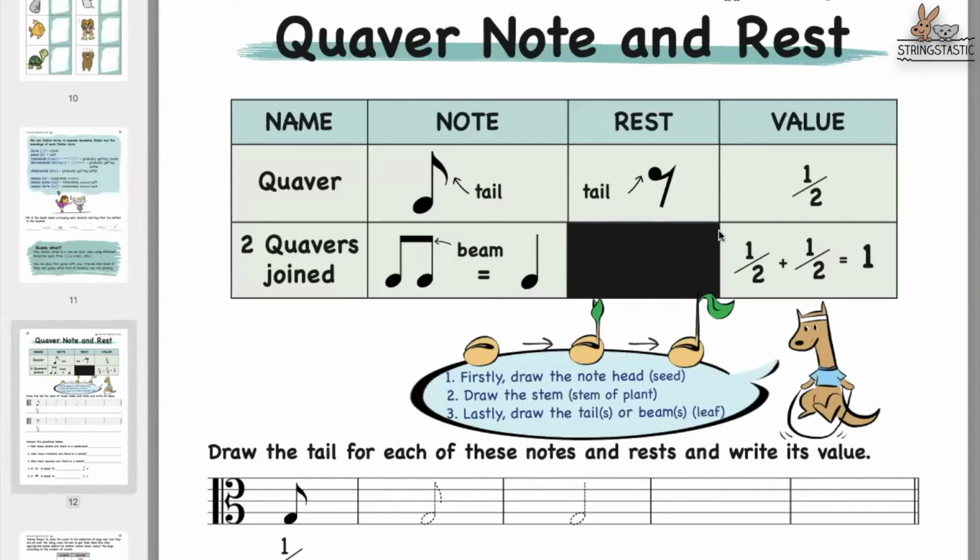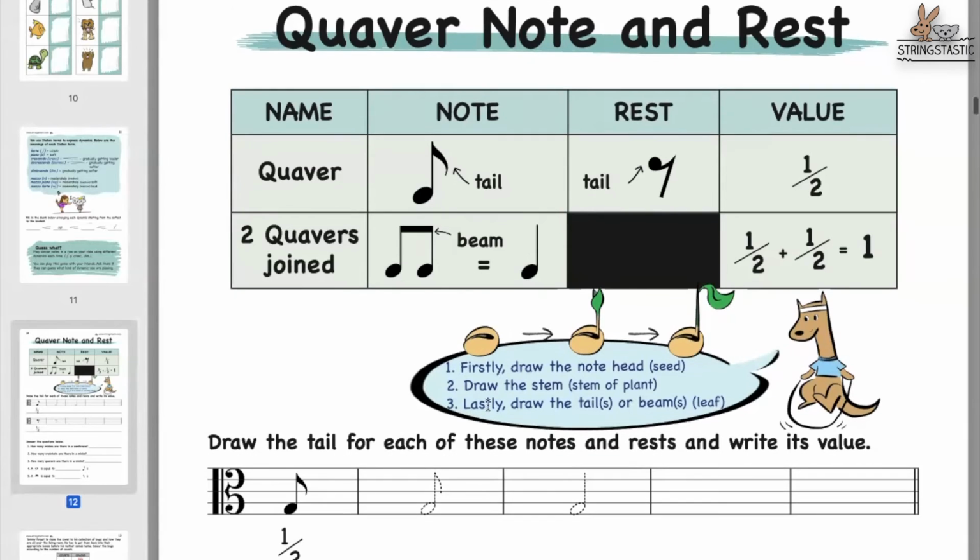Let's look at the quaver note rest, shall we? So I'm going to take an example from my level 2 Stringstastic for violin, viola, and cello. Let's look at this. This is on the quaver rest. The way I like to explain this quaver rest is this.